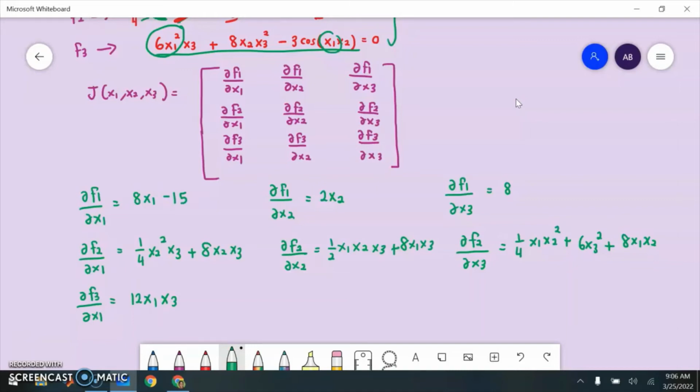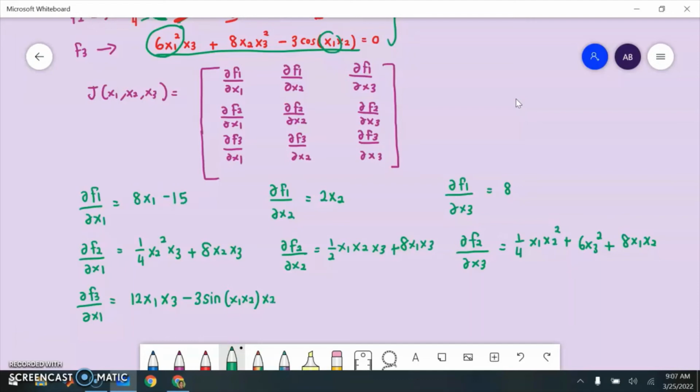I forgot to mention that. Now minus, cos gives you sine, so I have negative 3 sine x1 x2. This is implicit differentiation here. I take the derivative of cos, that gives me sine, and the inside variable remains the same. But now when I take the derivative with respect to x1, it will give me x2.